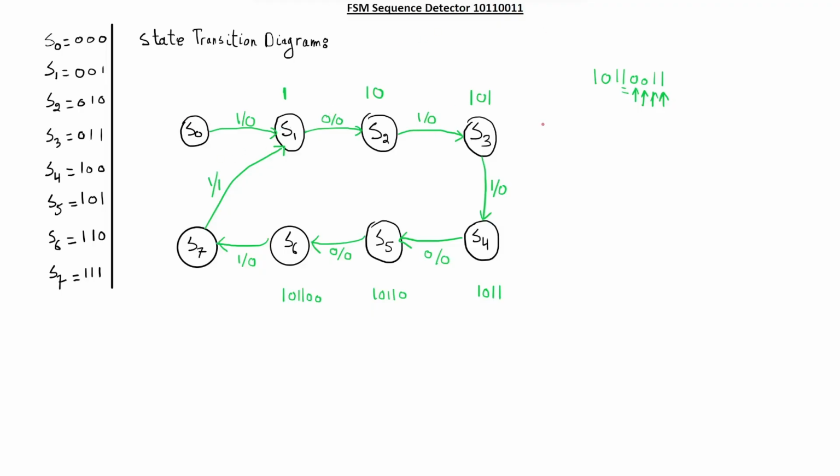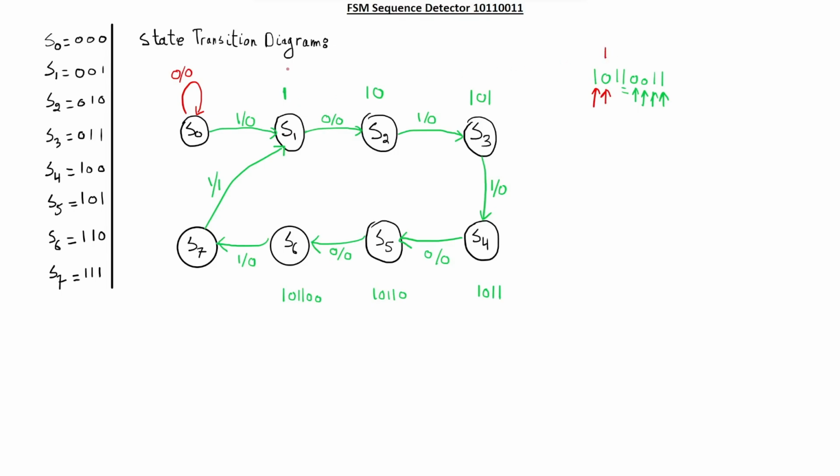Now, what happens if the user enters the wrong bits? First, instead of entering 1, the user entered 0. So at S0, we can only remain at S0 and start over. We remain at S0, we enter 0, the output is 0. Now we are at S1, we are supposed to enter 0, but we want to see what happens when we enter 1.